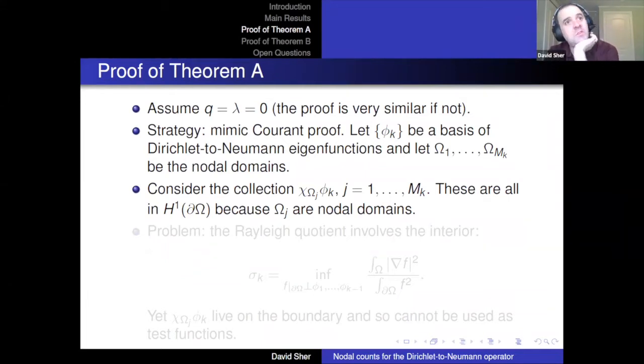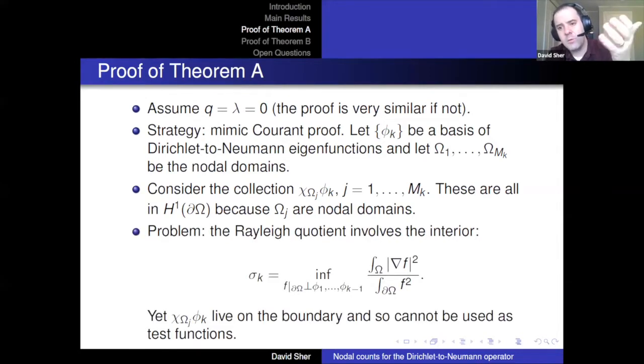But the big problem for using the Courant approach is that it took advantage of the Rayleigh quotients. And here, the Rayleigh quotient we're considering involves more than just these boundary eigenfunctions. It involves the interior. So the Rayleigh quotient for sigma k, despite the fact that sigma k is an eigenvalue of a boundary operator, involves the interior.